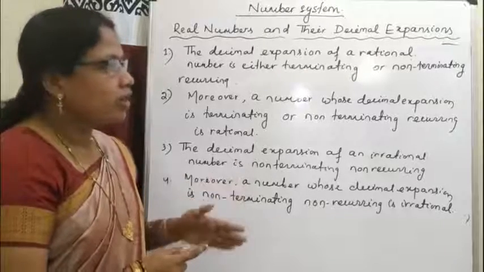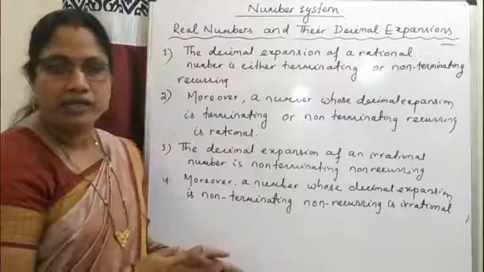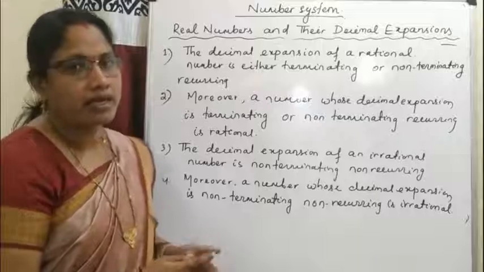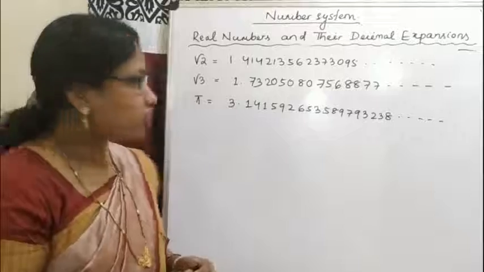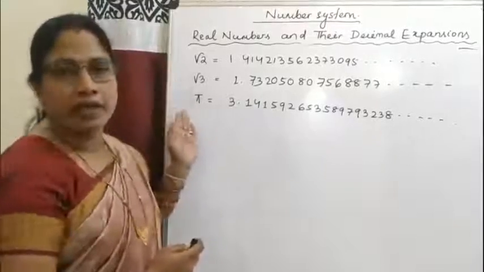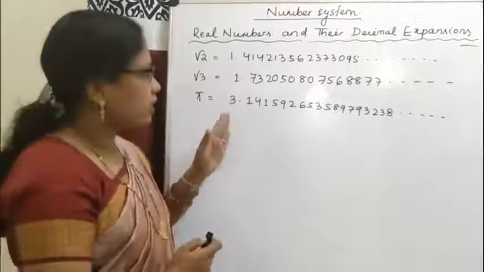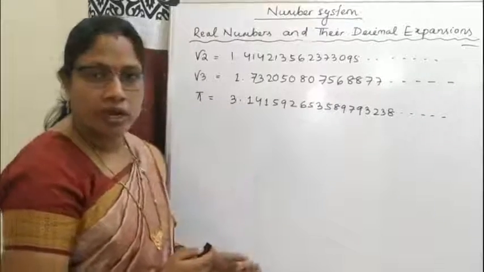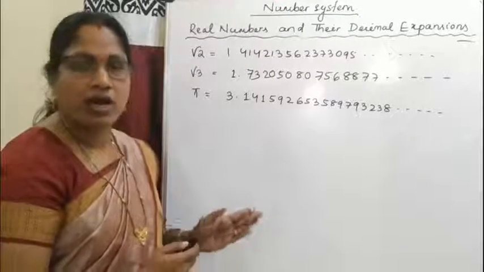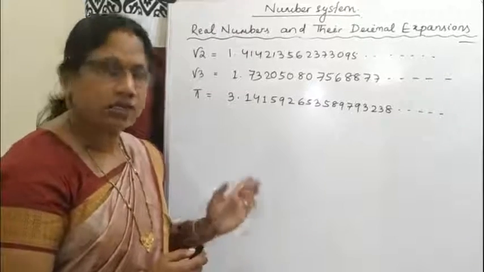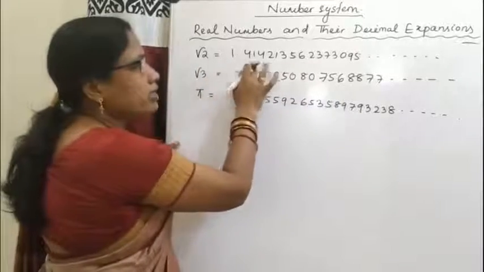So in this way, we can find a difference between the decimal expansion of rational numbers and irrational numbers. So previously I have told root 2, root 3, pi are irrational numbers, but I have not proved this. Here, after the conclusion that only the non-terminating, not recurring decimal numbers are the decimal expansion of irrational numbers, the decimal expansion of root 2 is like this.